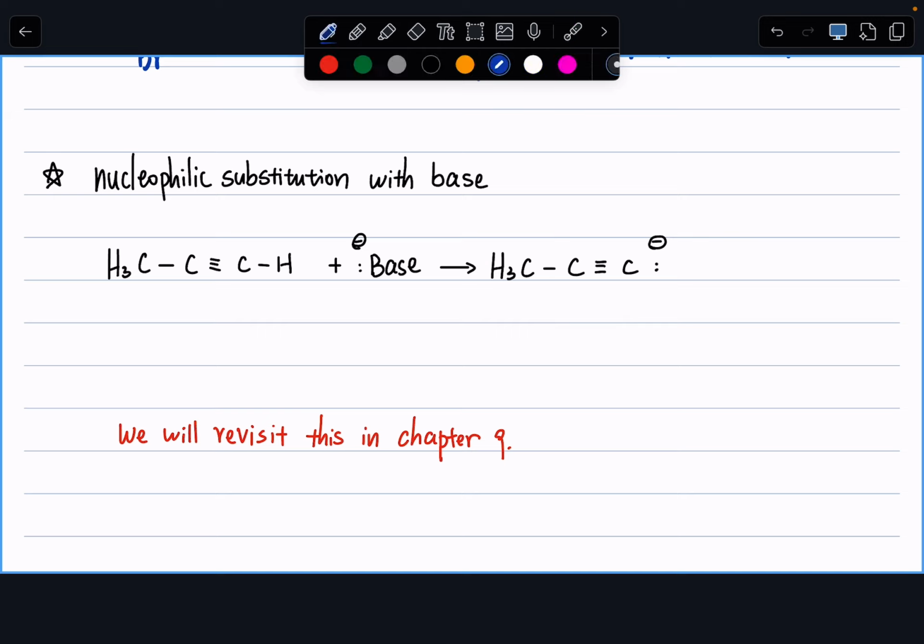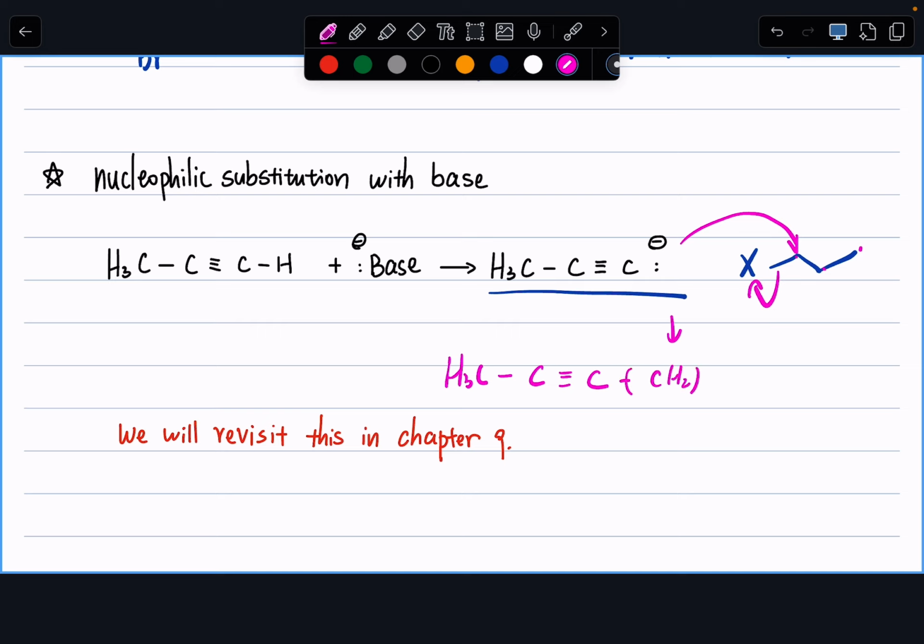In our previous lecture, we were talking about how this can react with a primary haloalkane. In this case, it is going to be attacking the carbon next to the halogen, and your halogen leaves, and we'll be able to elongate the chain: H3C, carbon, carbon, here we have 1, 2, 3 CH2, 2 of them. It's very ugly.